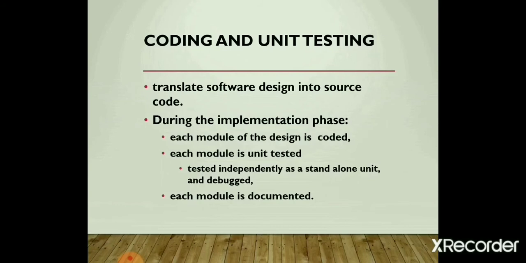Each module is documented. Means in this phase, the programmer writes the program for each module as per the design document, and each module is tested as a standalone unit and documented properly.